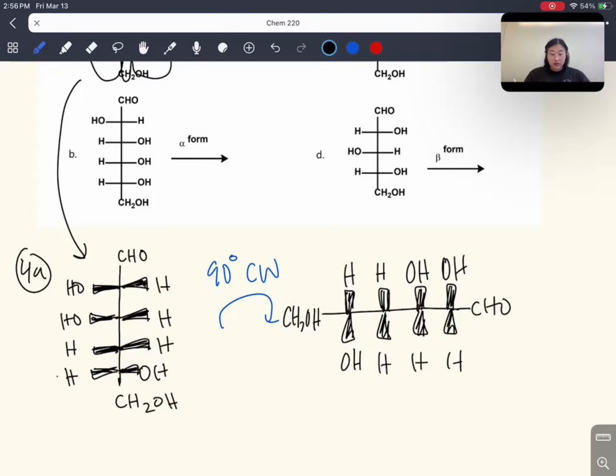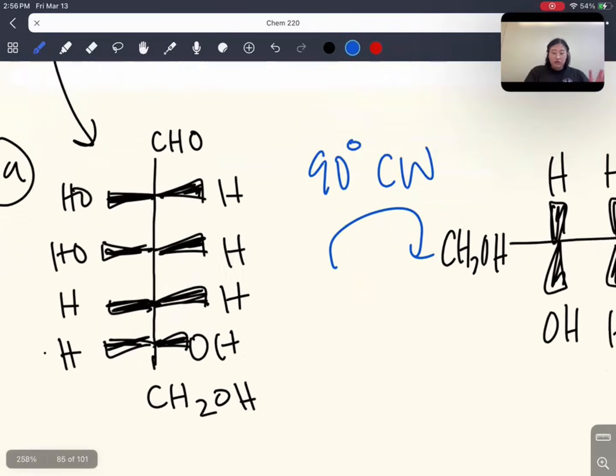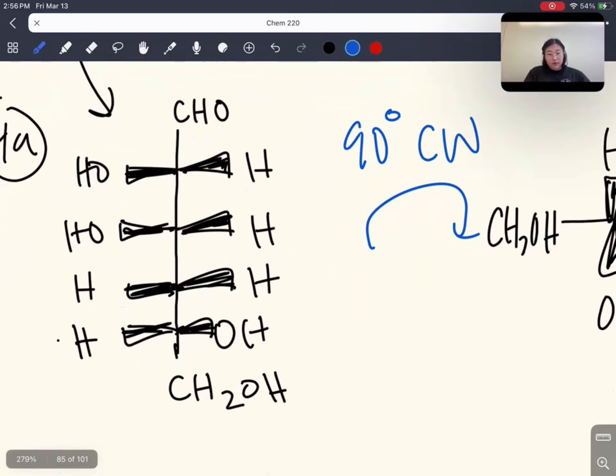And so the way we number our carbons is that we go from the top down, numbering one, etc. And so this top carbon, which is our aldehyde carbon, is going to be carbon number one. This next center is going to be carbon number two. Next one down is three. Next one down is four. Next one down is five. And then you can't forget about the CH2OH carbon here, which would be number six.